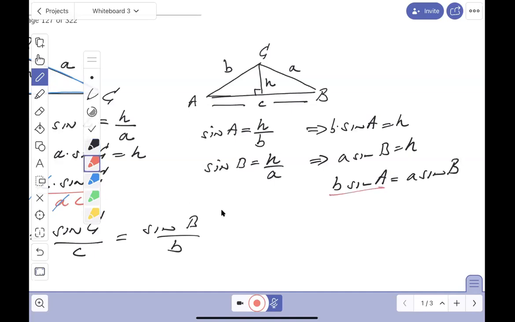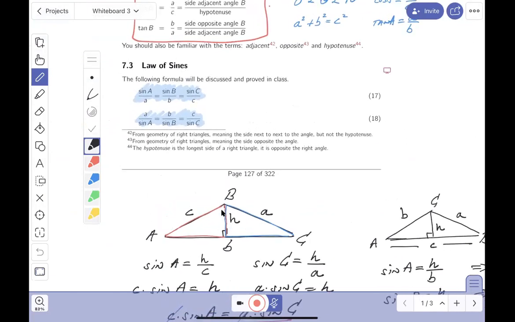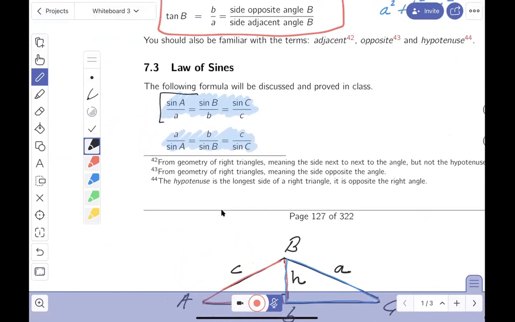Divide both sides by ab. And what happens over there is the b cancels there, the a cancels there. And what are you left with? Sine a over a would be the same thing as sine b over b. So we're getting a nice relationship.